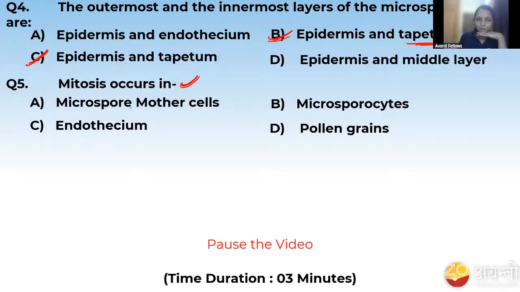Mitosis occurs in microspore mother cell, microsporocytes, endothecium, or pollen grain. Mitosis occurs in which cell? Where is the mitosis going to happen, guys? Think once again before giving the answer.